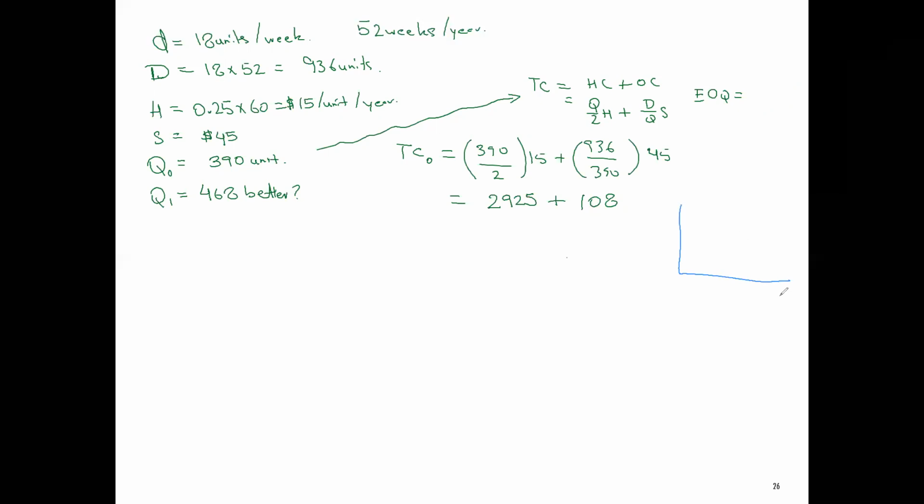If you remember, this was Q here, this was dollars here, this was holding cost, right? And this was ordering cost. And the total cost was this. Now, this is EOQ, and this is the lowest cost.